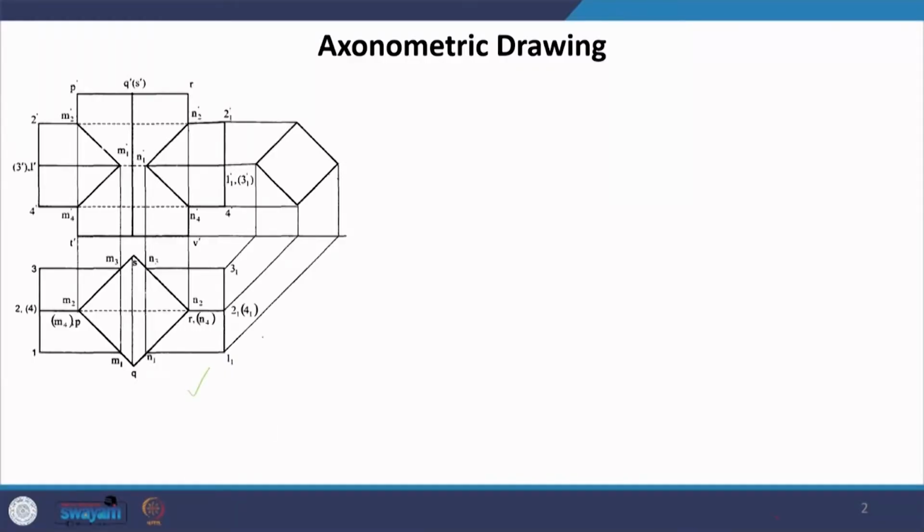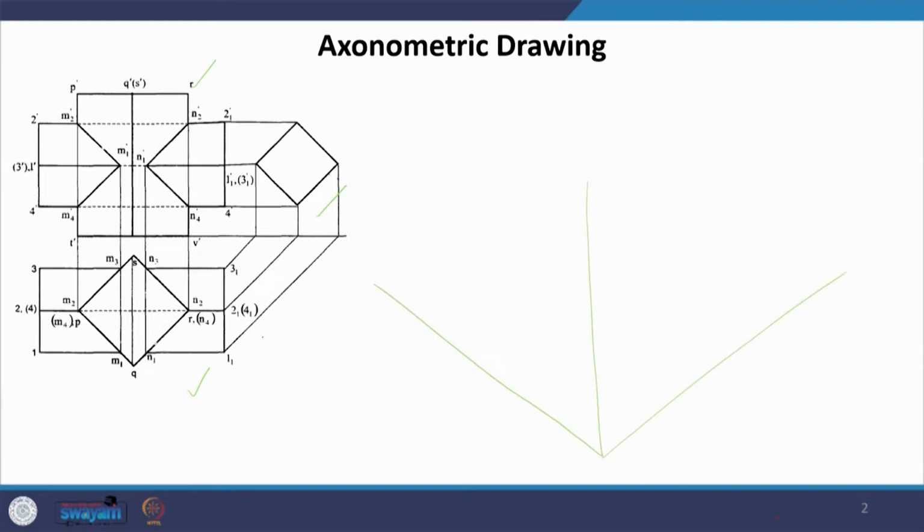Now, this is the plan, this is the elevation which is given, and this is the side view. I am going to start by taking the plan by drawing it. That is the simple thing which we are going to do. So, if you look at this particular object, I will start by taking the axis here.